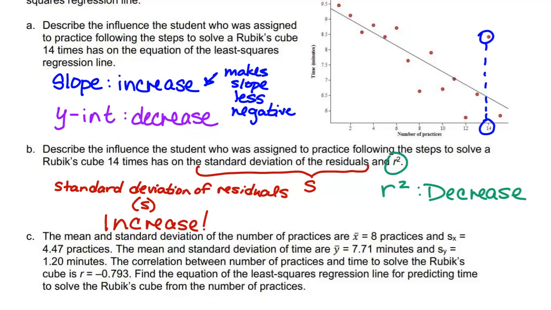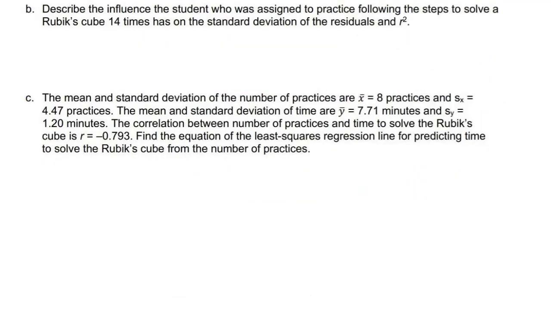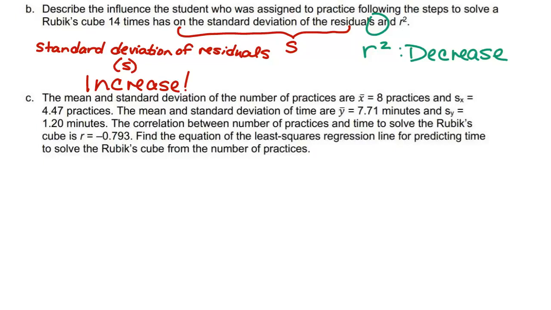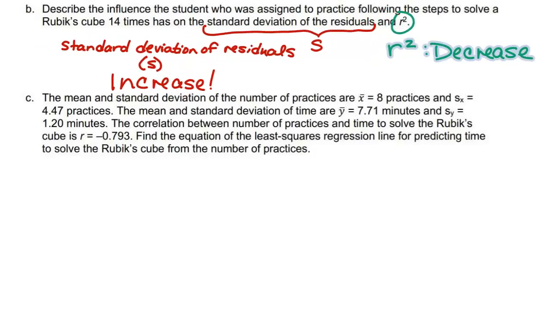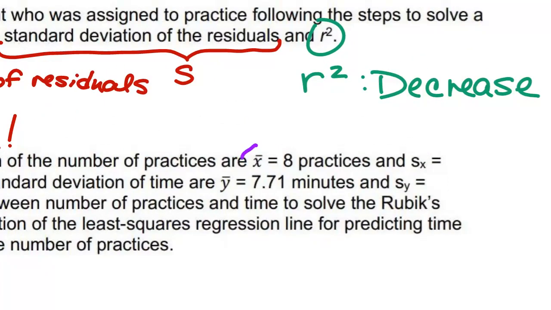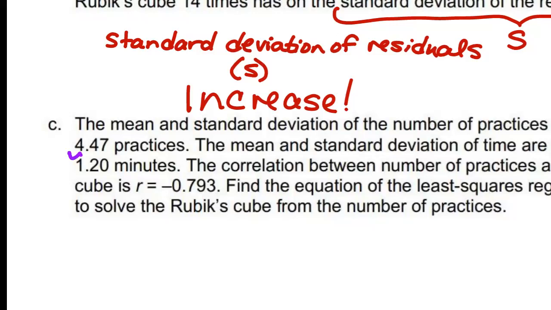Looking at our third question here. It says the mean and standard deviation of the number of practices: x bar is 8 practices. The standard deviation of our x's is 4.47 practices.